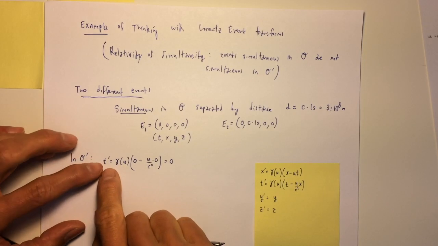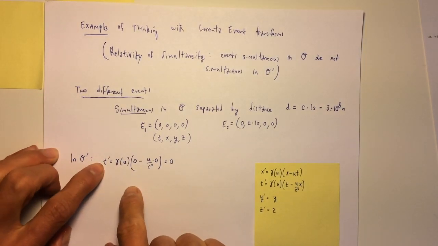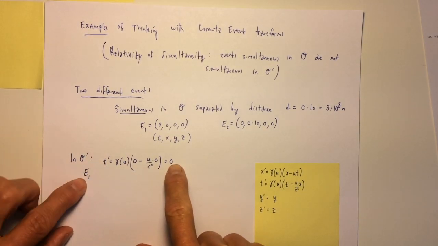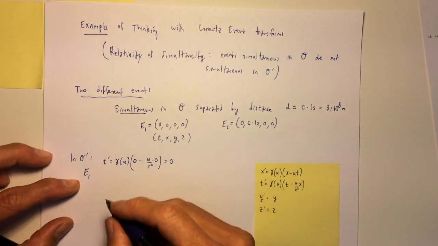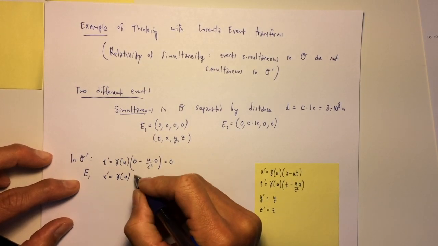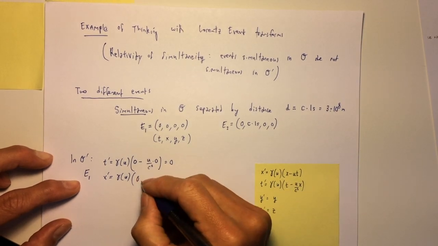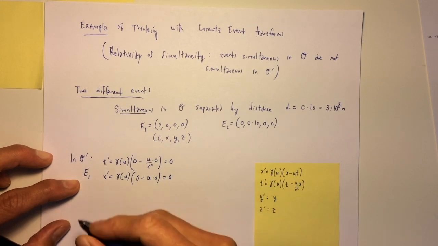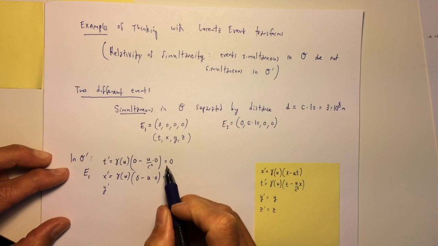So t prime, right, O prime will also assign value t prime equals 0 for event 1. Let's check out x prime. So x prime equals gamma of u, and then 0 minus u times 0, also equals 0. And then y prime, and actually maybe I should be kind of careful.